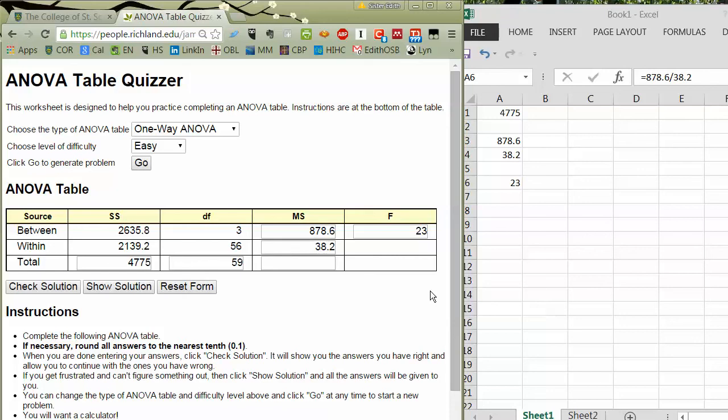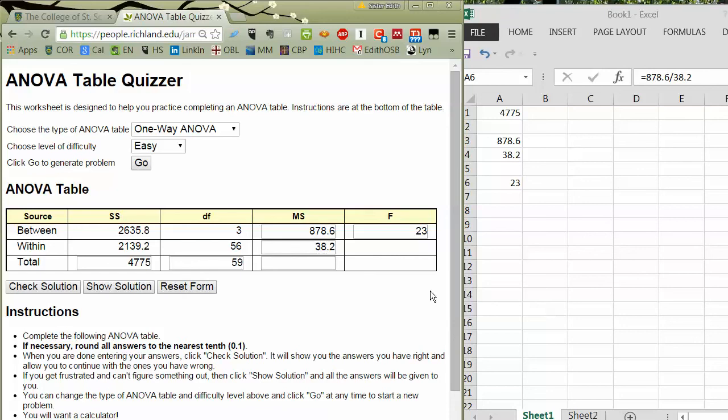But if you remember, when the null hypothesis is true, our F statistic is 1.00, and 23 is really quite a large number. So even without looking at a critical value in a table or having an exact p-value, I can be pretty certain that this would be a significant statistic at the 0.05 level and probably at the 0.01 level as well.